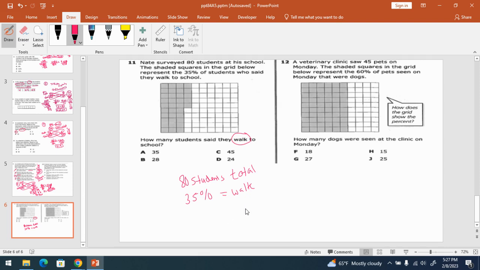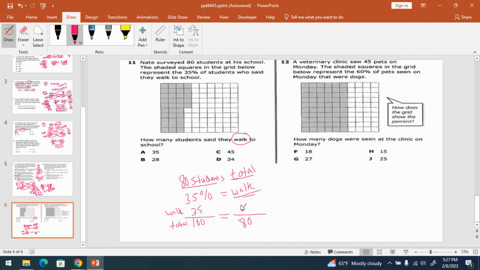So here we go. I'm going to set my proportion again. 35 out of 100, because percent means out of 100. This would be the total. The 35% are the walkers, so I'm going to say walk. The 80 students is the total, so they go on the bottom because they go with total.